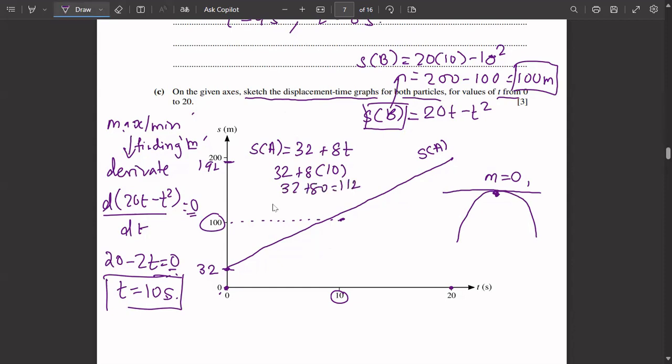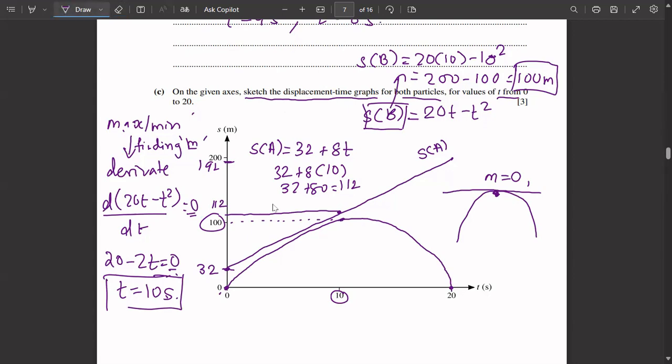So that means this point of displacement of A is 112. That means the displacement of B will be somewhere down only. So this graph will look something like this. Yeah, so this is what the graph will look like.